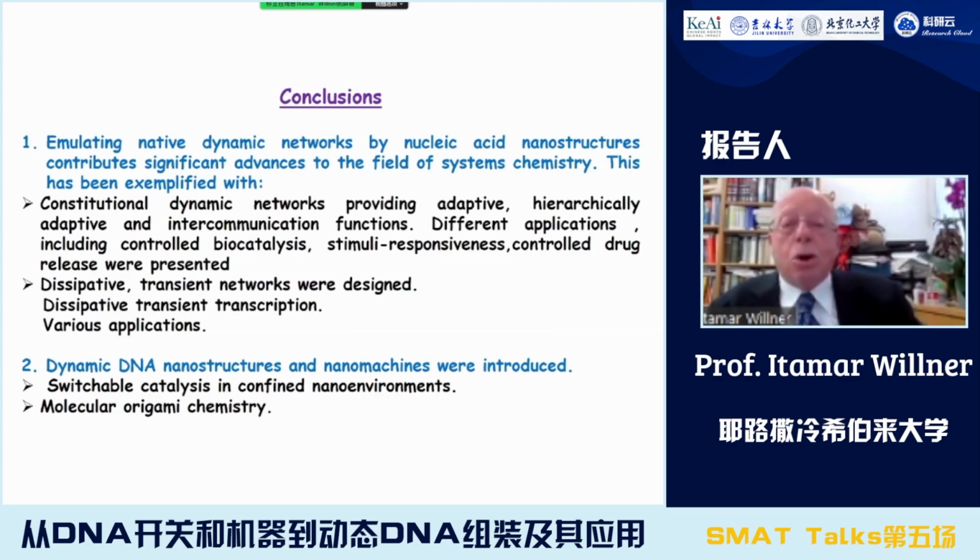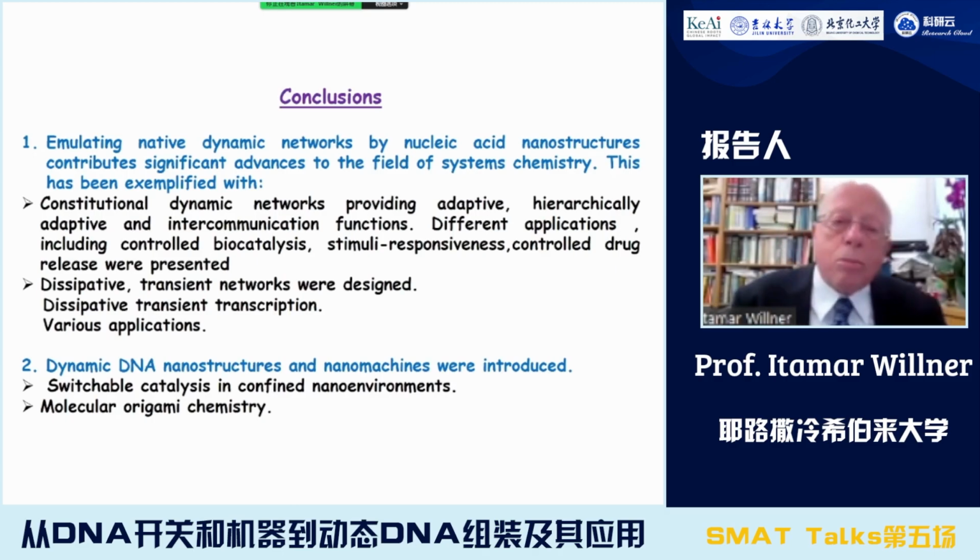The question is only where to go with such networks. And I feel that if we really want to emulate and mimic natural processes, the next step is to try to integrate all these networks into cell-like environments, or what is called a protocell.